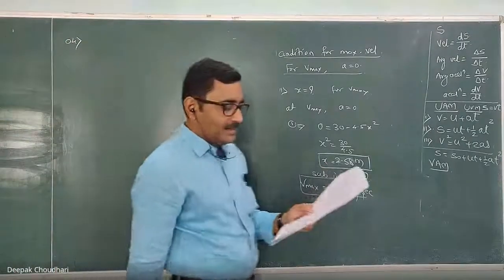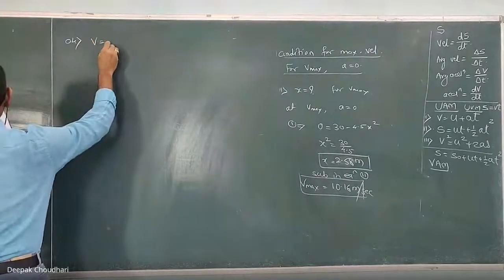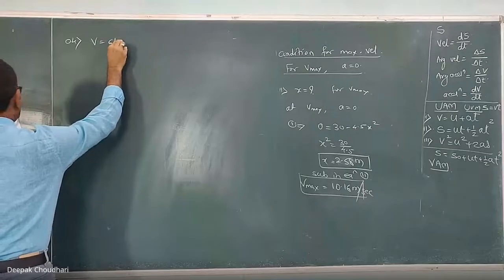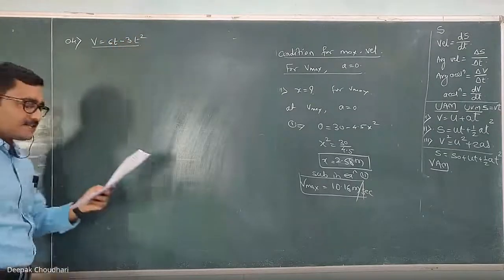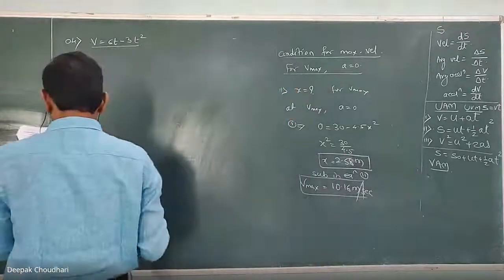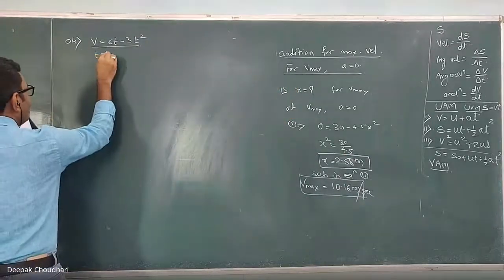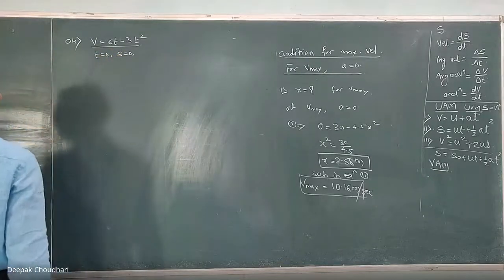The velocity of a particle traveling in a straight line is given by v equal to 6t minus 3t square. The t is in seconds. Now at t equal to 0, s equal to 0. This one boundary condition is given.